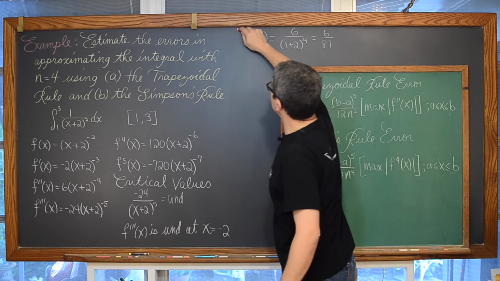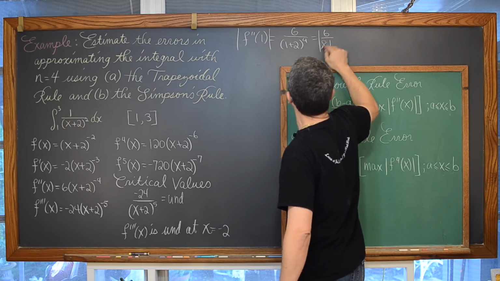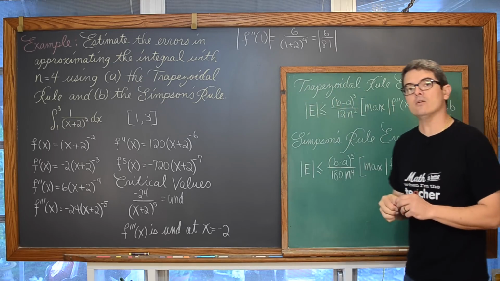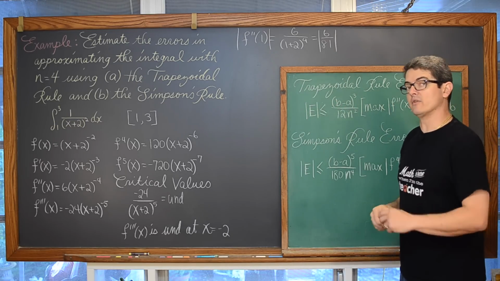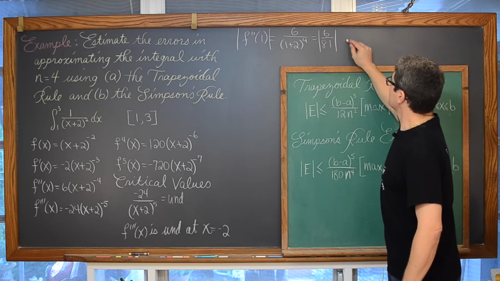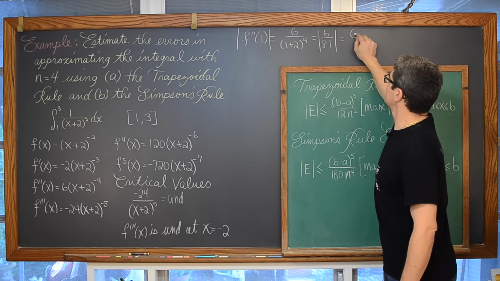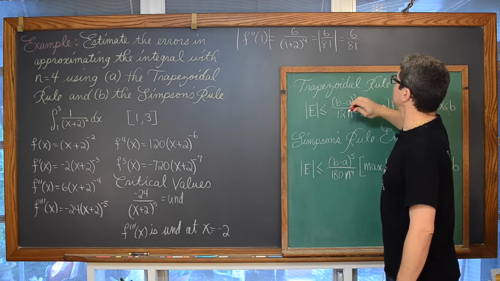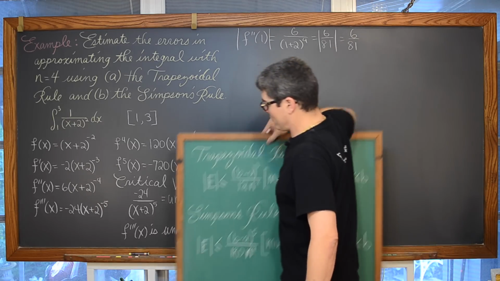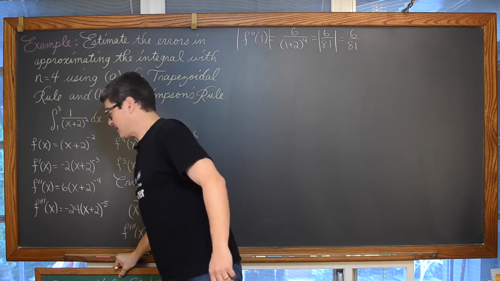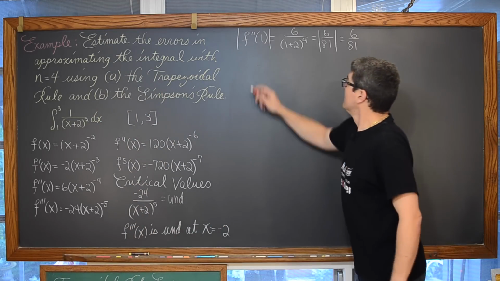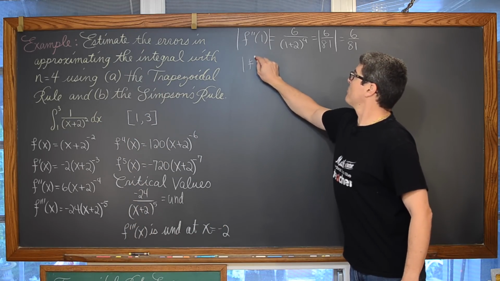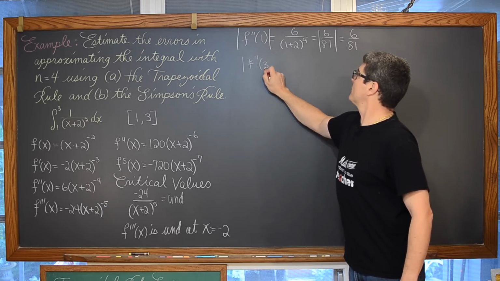And we are looking for, sometimes I forget this, the absolute value of the second derivative, the maximum of the absolute value. So that now is still going to be 6 over 81. Now, testing that other endpoint of 3, we have the absolute value of f double prime of 3.